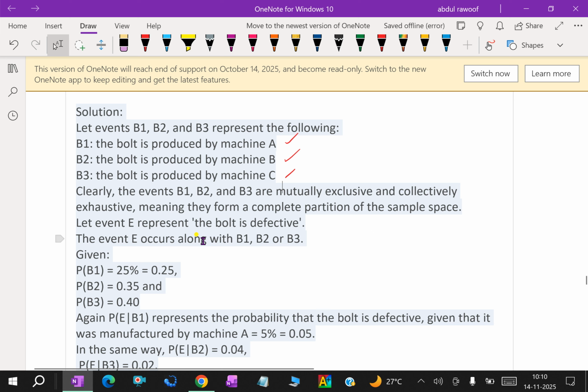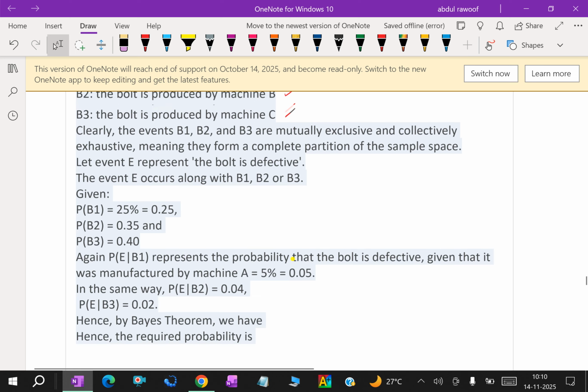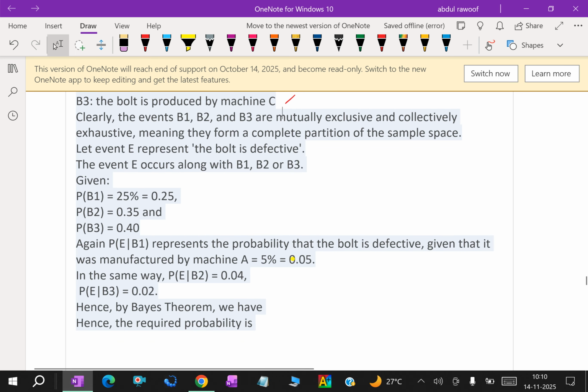The event E represents that the bolt is defective. The event E occurs along with B1, B2 and B3 respectively. Suppose the probability of B1 is 25%, that is 0.25. The probability of B2 is 0.35. The probability of B3 is 0.40.